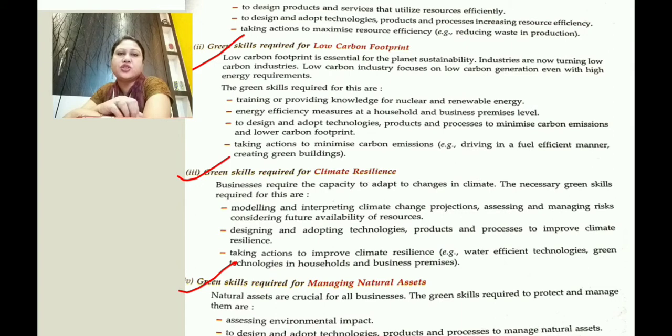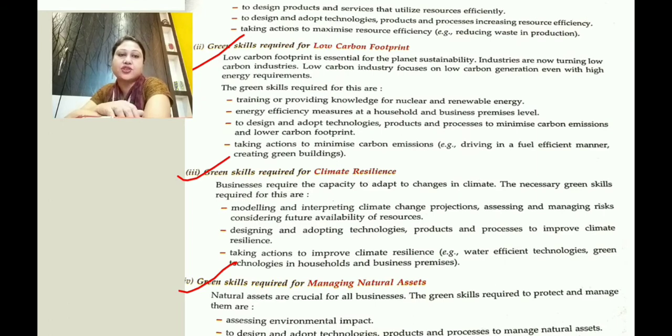So businesses require the capacity to adapt to changes in climate, and the necessary green skills for these are modeling and interpreting climate change projections, assessing, okay, and managing the risks considering the future availability of resources. Then designing and adopting technologies, in the same way products and processes, in order to improve climate resilience.